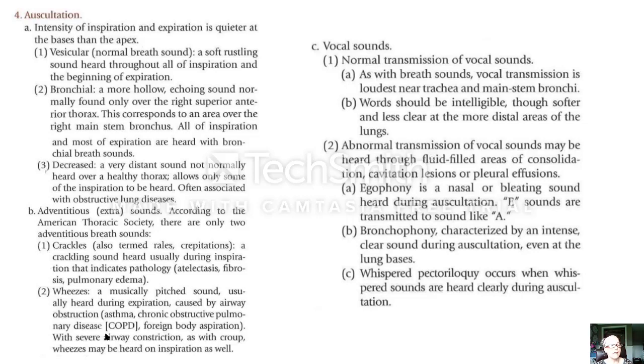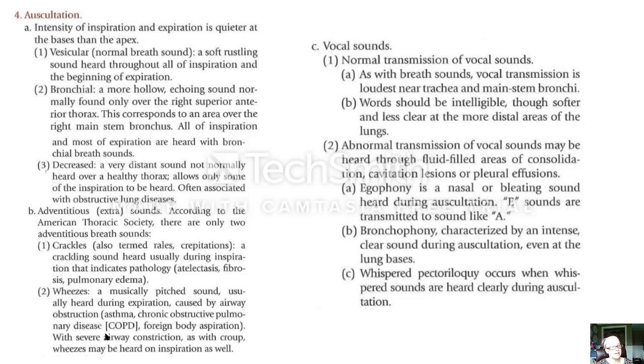Bronchial, a more hollow, echoing sound normally found only over the right superior anterior thorax, which corresponds to the area over the right main stem bronchus.